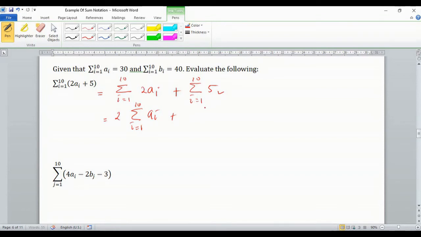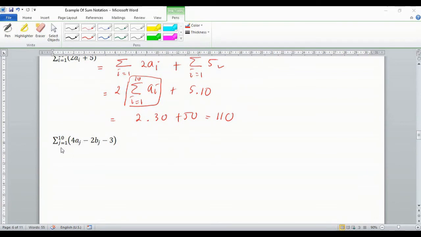Remember, for a constant, from property number 1, it is the constant times the upper limit, which is 10. From here, the sum of a_i is given in the problem, so the value is 30, right? So 2 times 30 plus 50, so this one is 110, everyone.